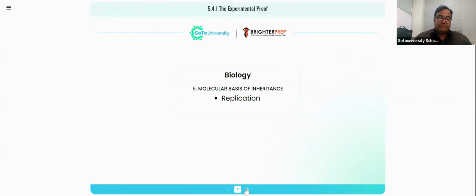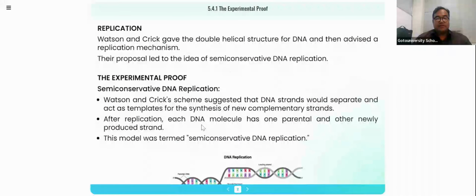Now we are coming to the next segment in the replication process. What happens exactly here is, we know very well Watson and Crick gave the double helical structure of the DNA. So this proposal leads to the idea of semi-conservative DNA replication.